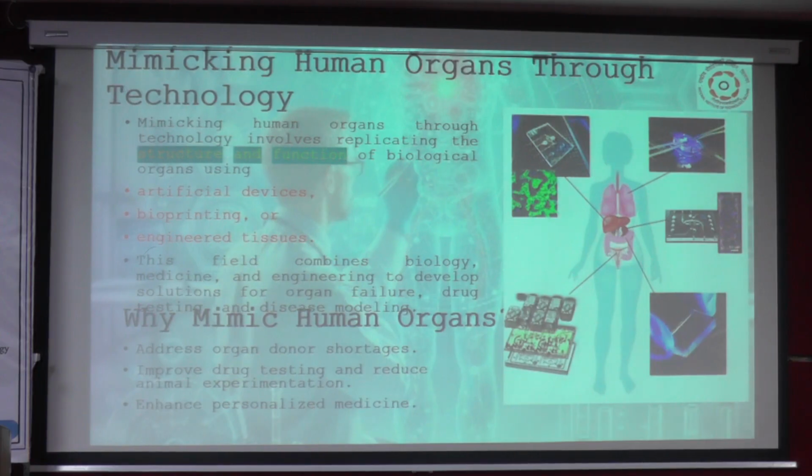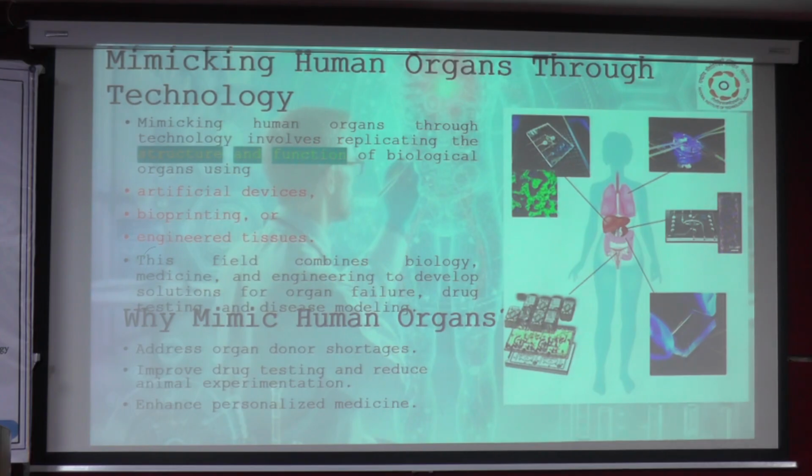So this is what we have worked on: we started working on mimicking human organs through technology. Why can we mimic human organs? Because it addresses organ donor shortages. I can show you that organ donors are very few.